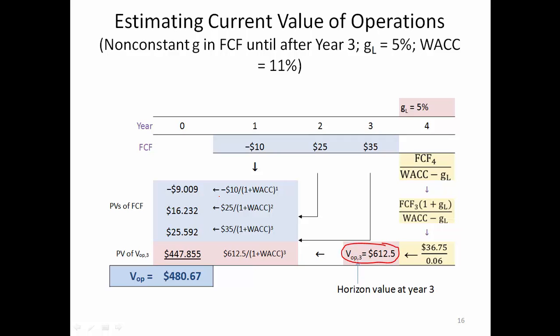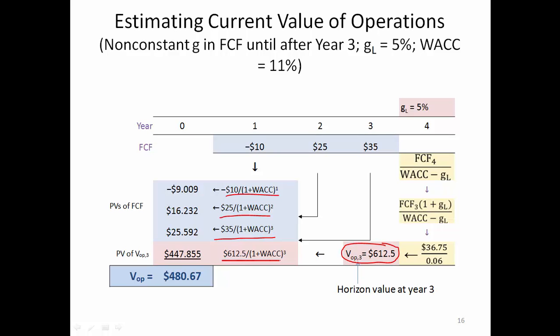we try to calculate the present value of first year's free cash flow. So you see the negative 10 divided by 1 plus r to the power 1. Second year's free cash flow, so 25 divided by 1 plus r to the power of 2. And then year 3's 35 divided by 1 plus r to the power of 3. For the horizon value, because it is at the end of year 3, we also try to get the present value of it.